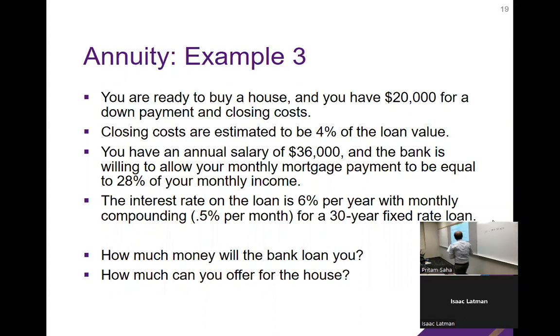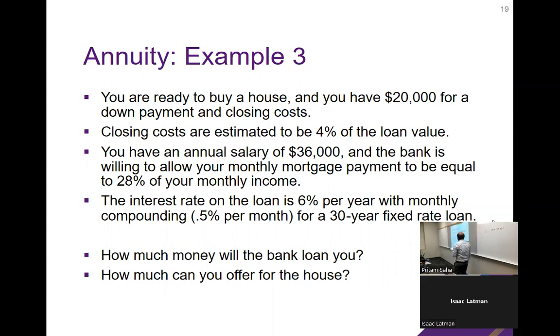So this problem is trying to tell you you're ready to buy a house and you have this much of savings. Okay. And this money you want to use for down payment and closing costs. Closing costs are estimated to be 4% of the loan value. You have an annual salary of 36,000.